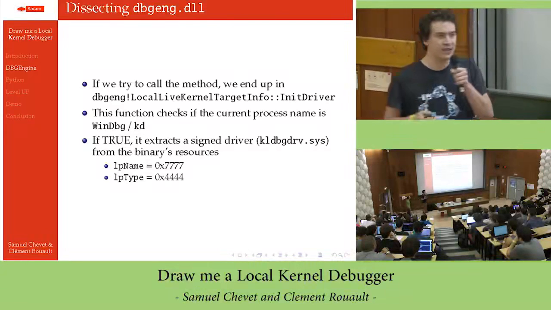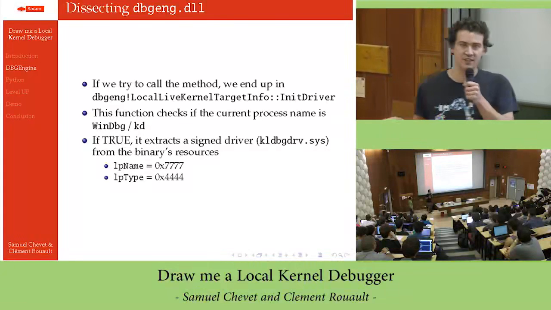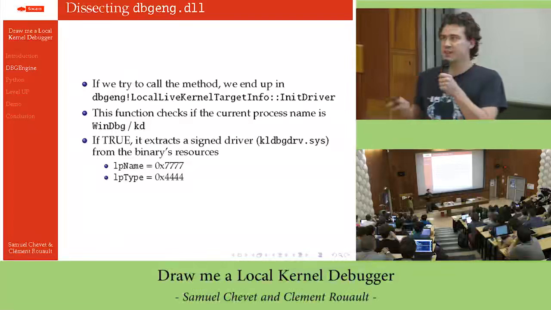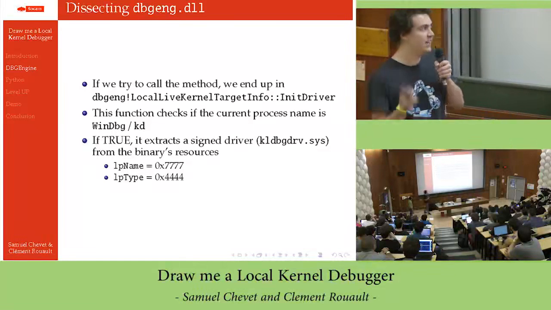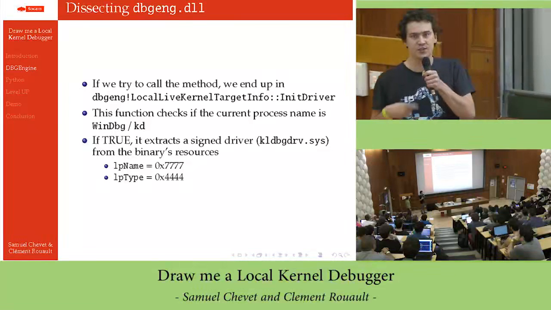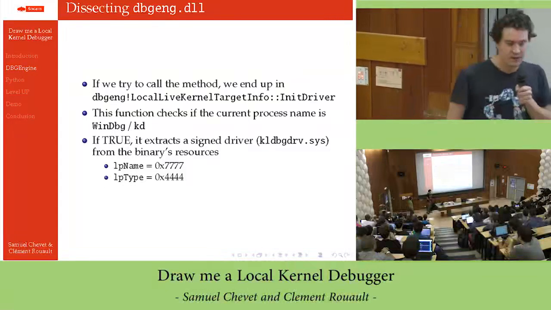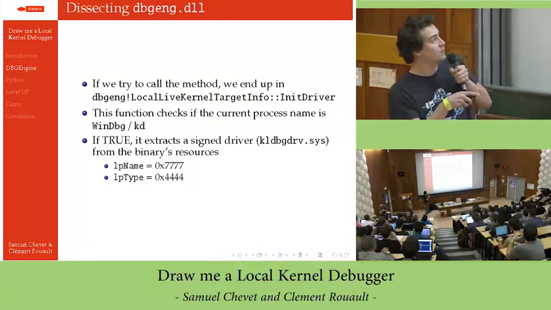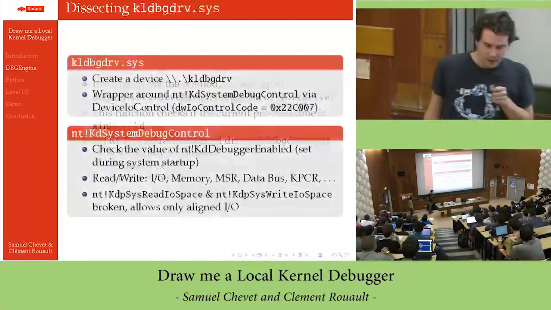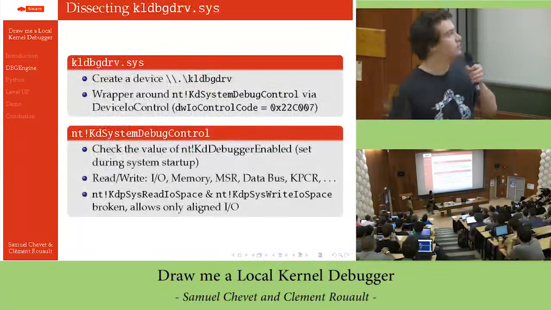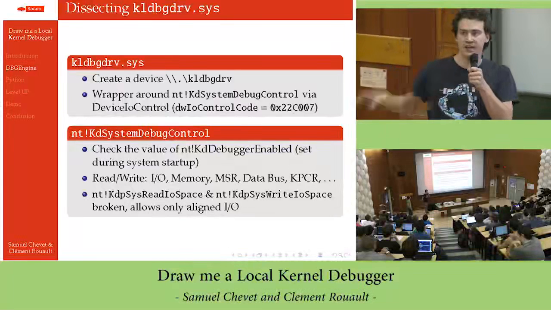So this function, in fact, will check if your process name is WinDBG or KD, just by using the API GetModuleFileName. And if true, it will extract a signed driver, which is called kldbgdrv.sys, from the binary resource with the name 777 and type 4444. In fact, this driver just creates a device for the communication from user land to kernel land.